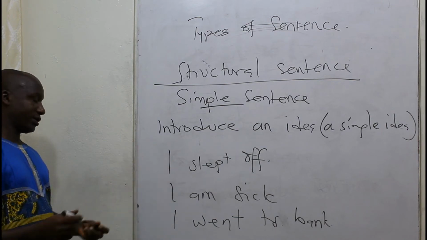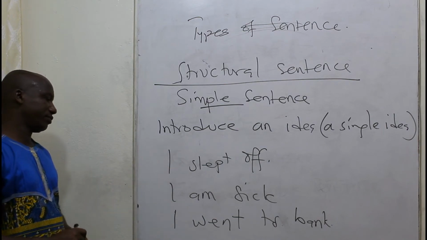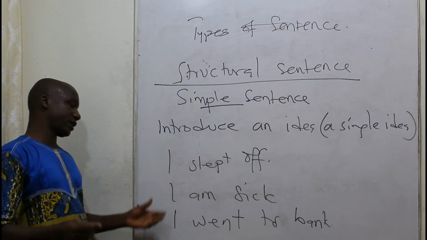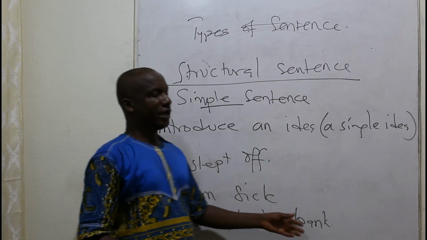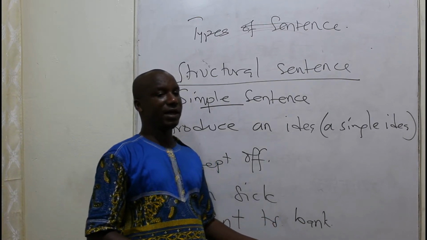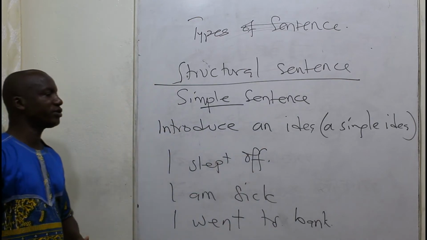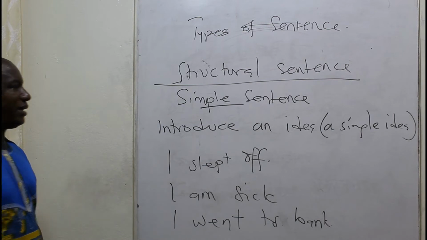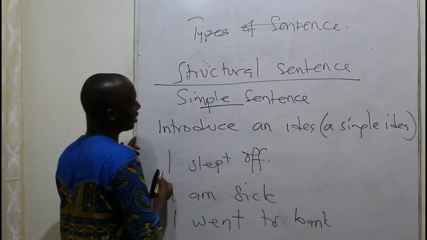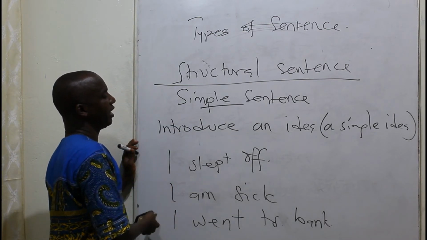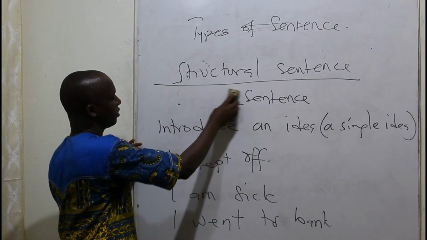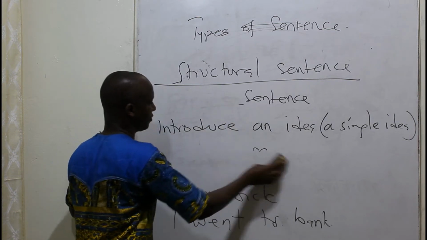Here, it tells us the person is asleep. Here, it tells us the person is sick. Here, it tells us the person went to the bank. So we are talking of where a sentence introduces just an idea or a single idea. And so, when that is done, we're saying it is a simple sentence.